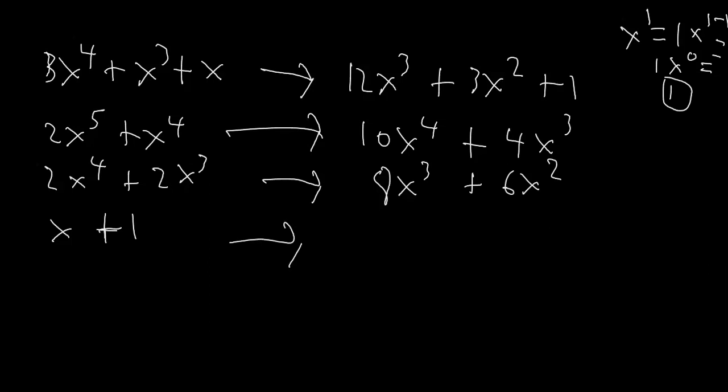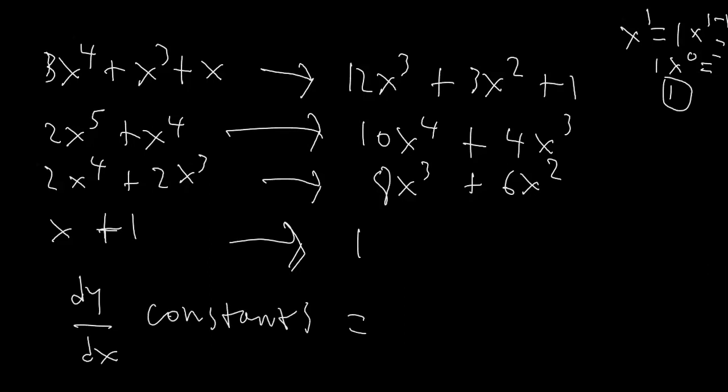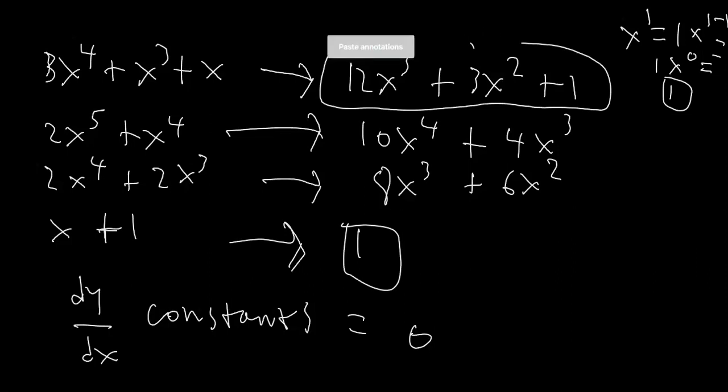Here, remember, x is just 1. And what is the derivative of 1? Well, the derivative of any constant is just equal to 0, which means that the answer here is just 1. So these are all the answers. Did you get them right? Hopefully you did.